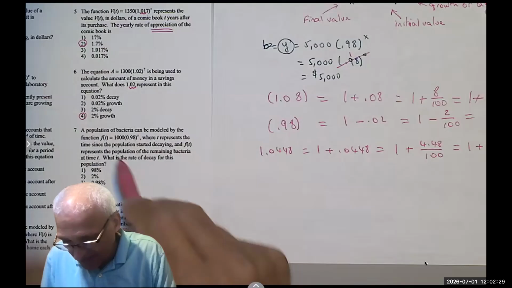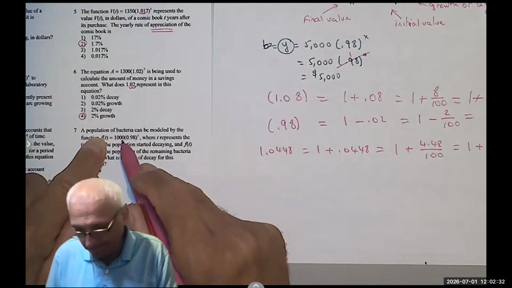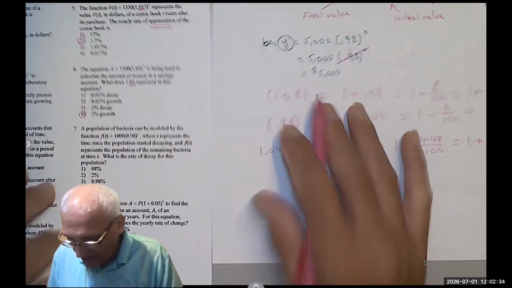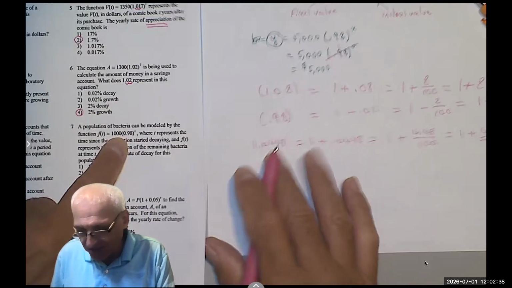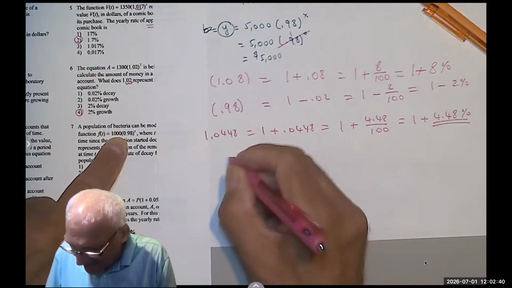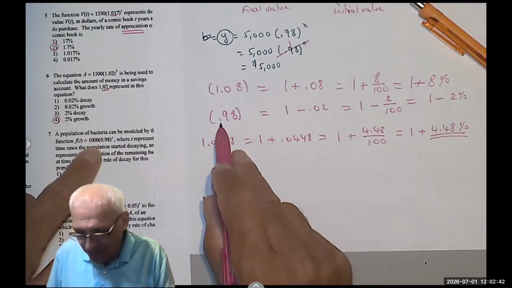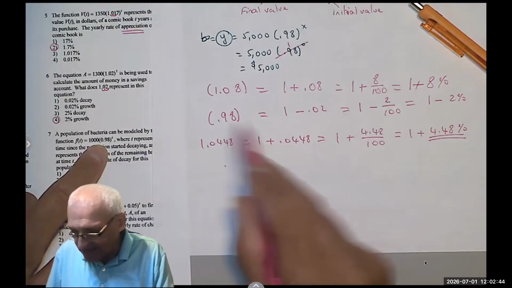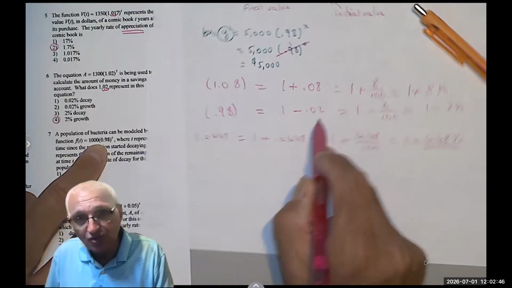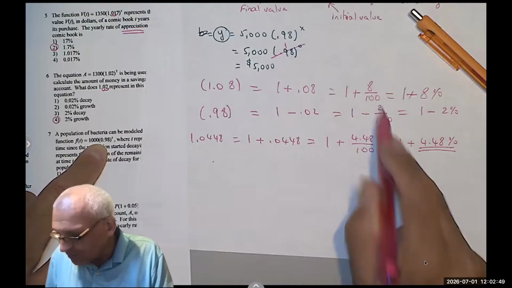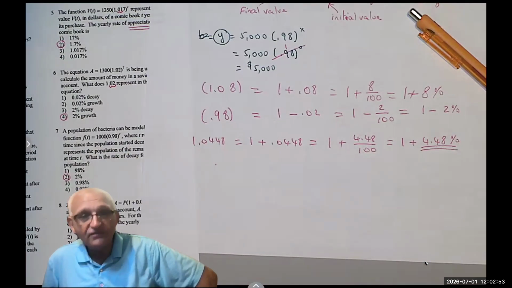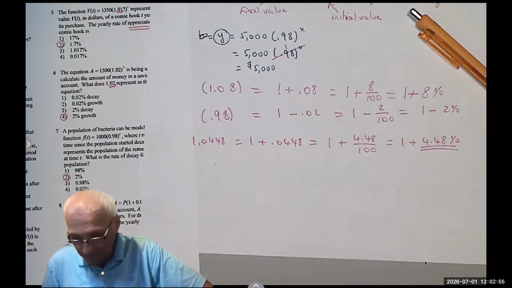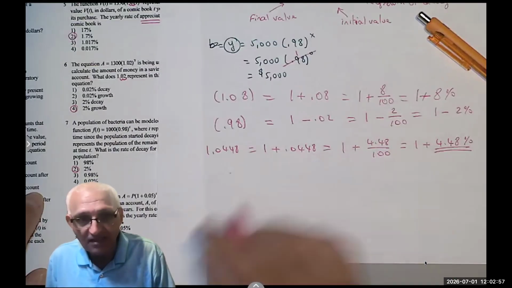So I expect f of t to be less than 1,000. Hopefully, right? Okay, so we say, what is the rate of decay of this population? Notice, rate of decay, I have 0.98. We already solved 0.98. I say this is 1 minus 0.02, meaning 1 minus 2%. So it's 2%, one of the answers. That's the rate of decay.